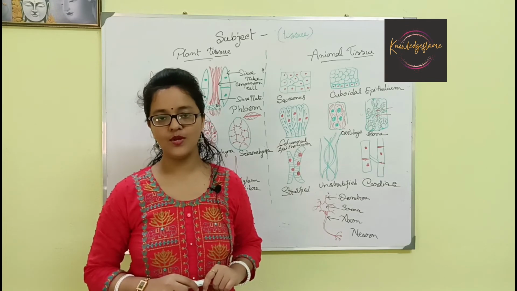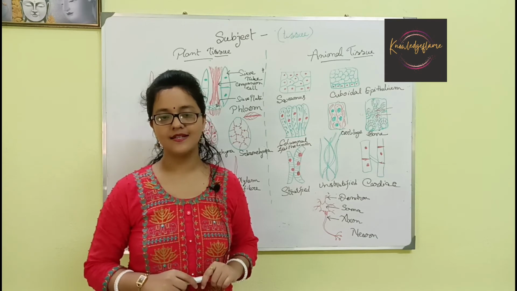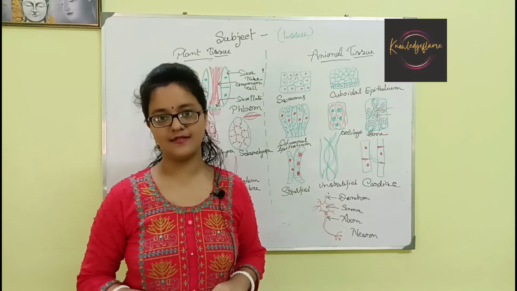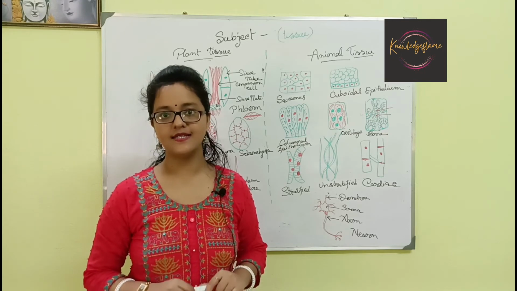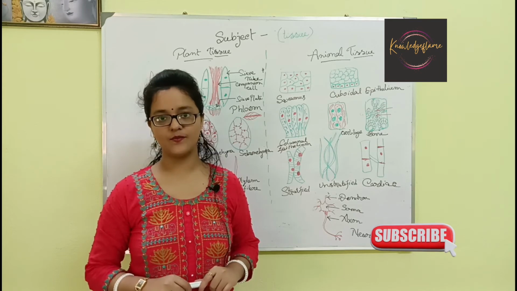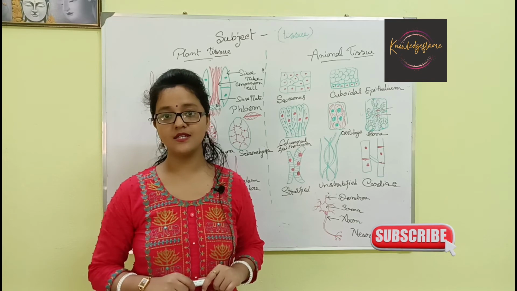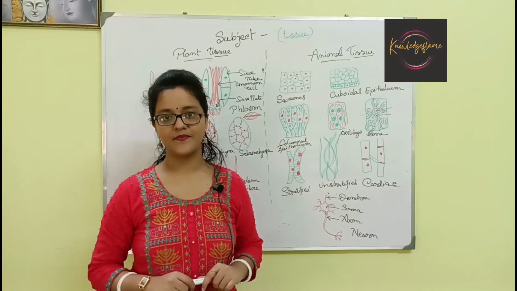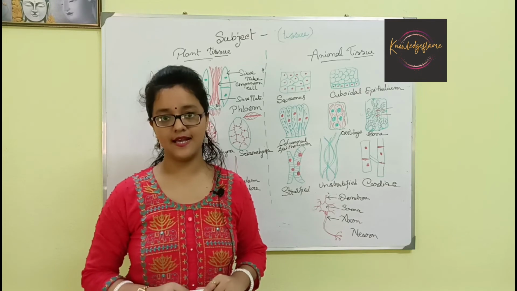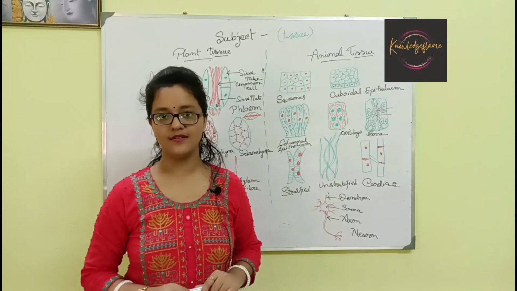In this tissue, the cells are always dividing and the cell wall is cellulose deposited, and inside the cell there is dense cytoplasm without any vacuole, but there is a prominent nucleus. As the cells are always dividing, the cells are fresh. There is a lack of vacuole.